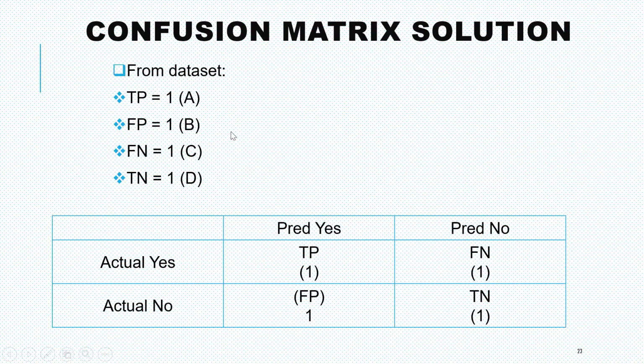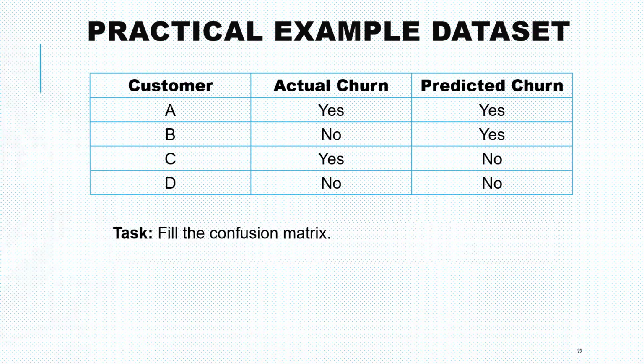So this is the confusion matrix. The first one is we have the customers A, B, C, D. The actual for A is yes, predicted is yes.